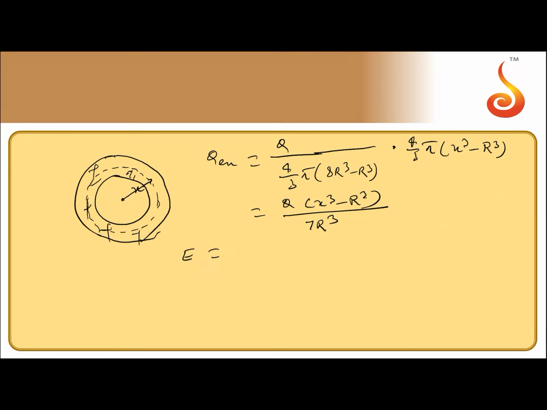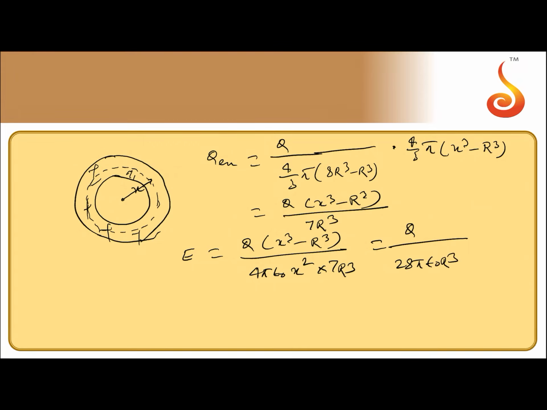So electric field will be four pi epsilon naught x square into, this will be the electric field.